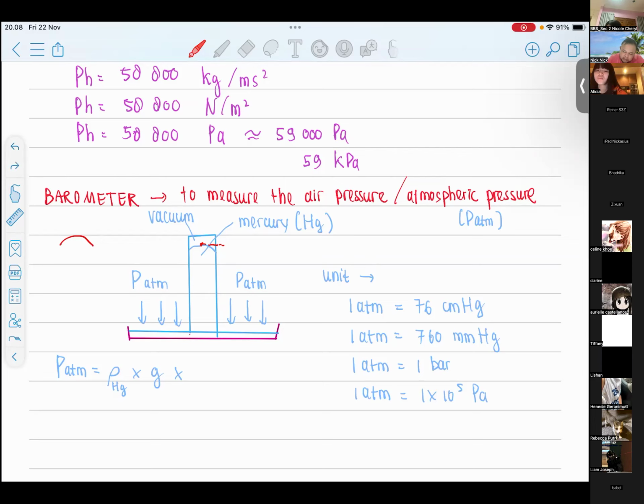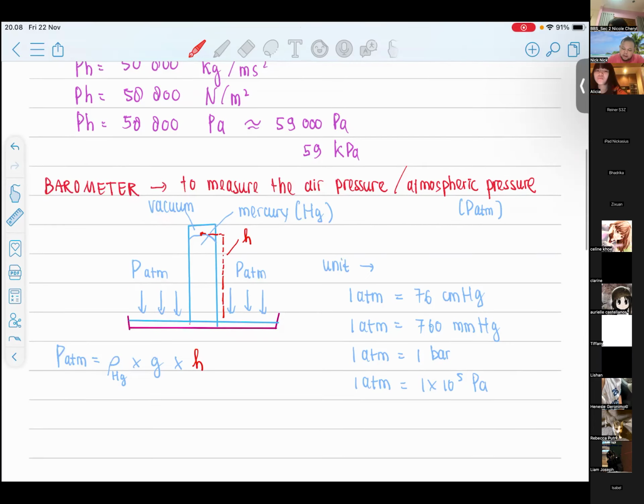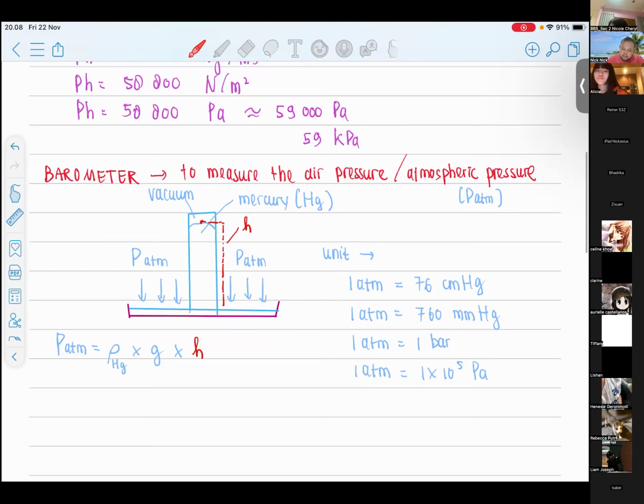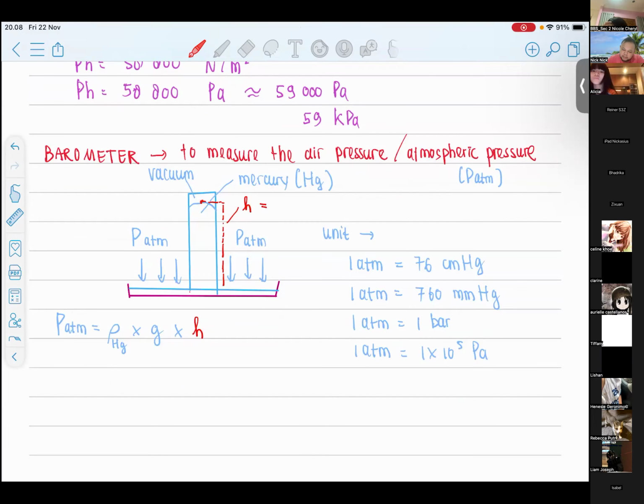This is the height of the mercury, right? For example, if the height of mercury here is 74 centimeter. Now, this formula is used to calculate in Pascal later.